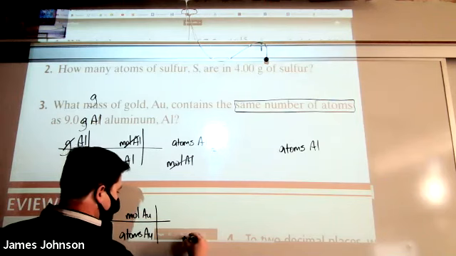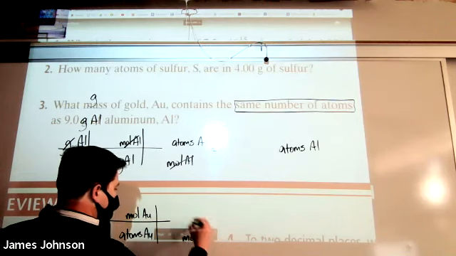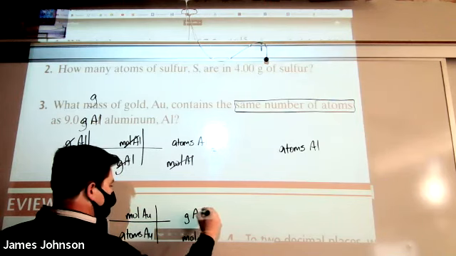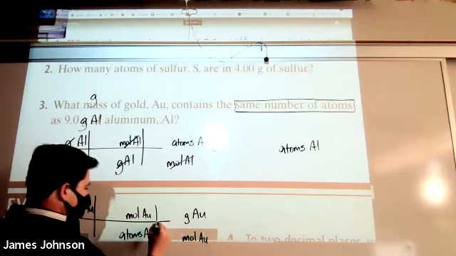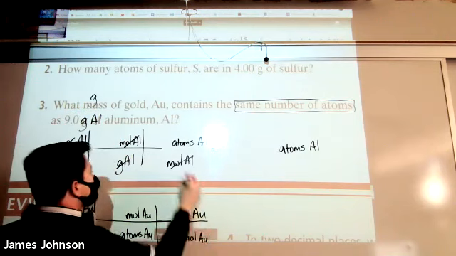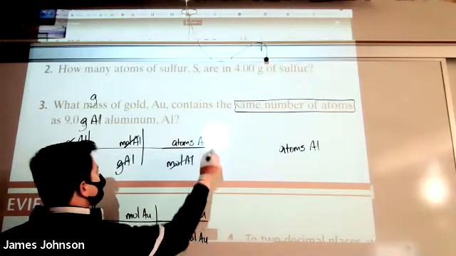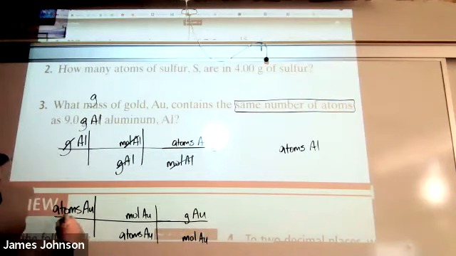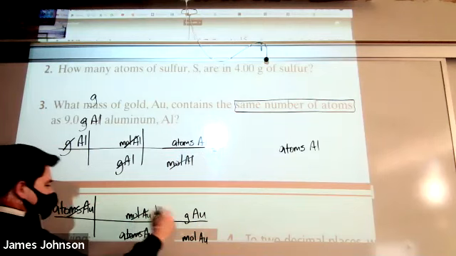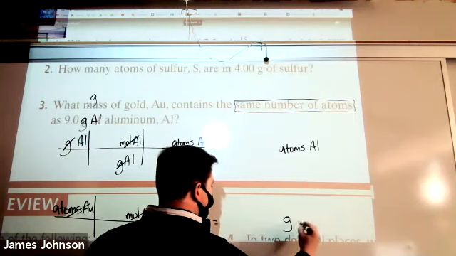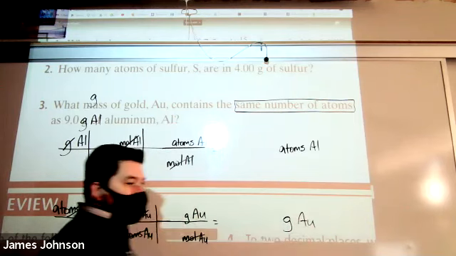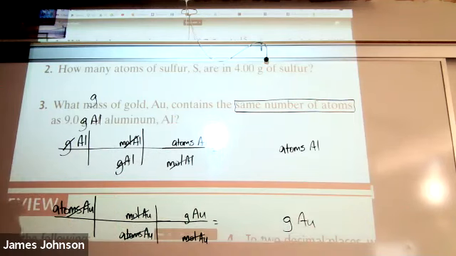And then finally out of moles of gold and into grams of gold, which is what the question is actually asking for. Because atoms will cancel with atoms, moles will cancel with moles, and the only unit we'll have left is grams of gold.